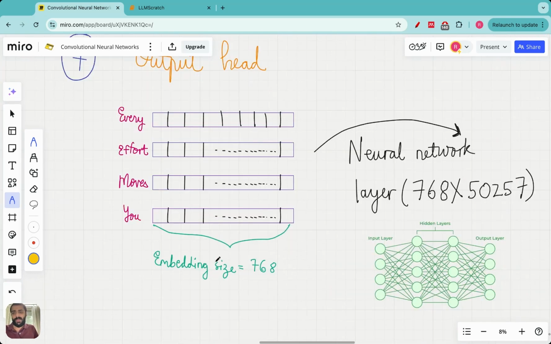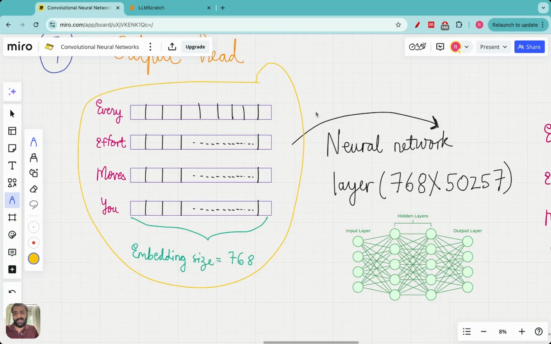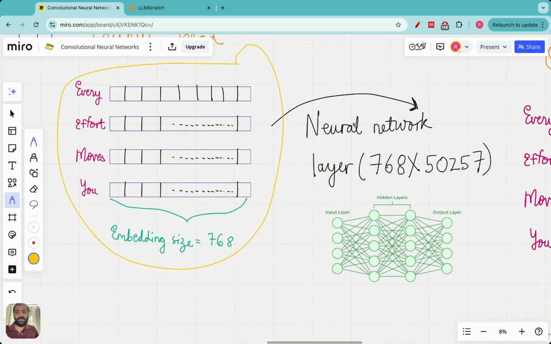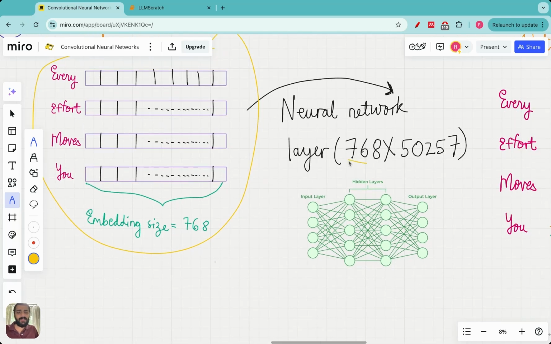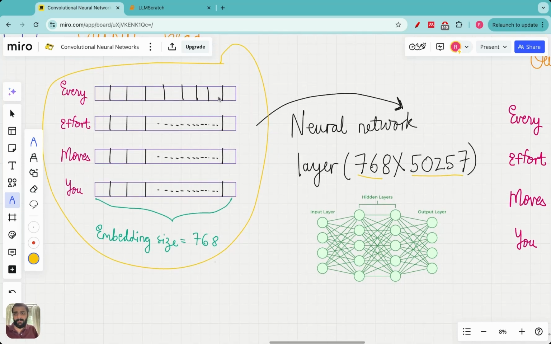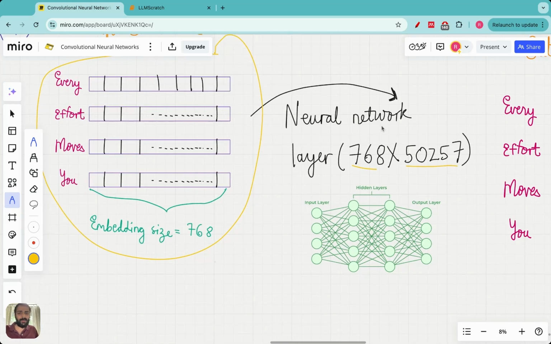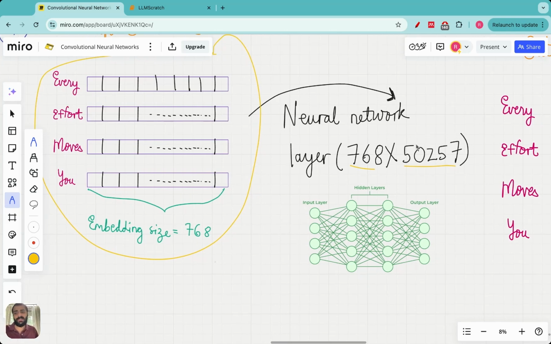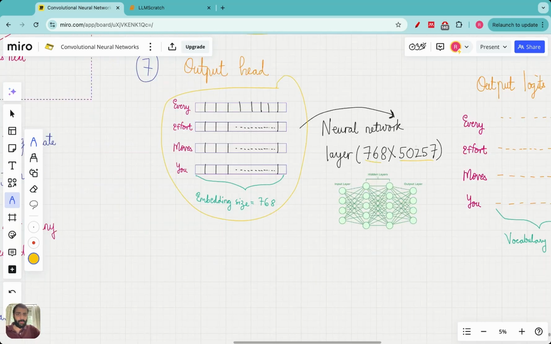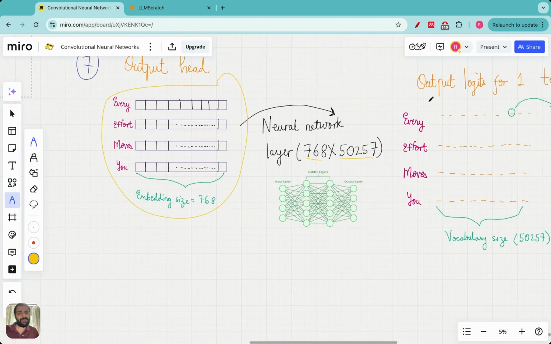So the input to the output head has 4 tokens, and each token has a dimension of 768. Then we pass this through a neural network whose size is the embedding dimension multiplied by the vocabulary dimension. And I'll tell you why in a moment. If you pass this input tensor through the neural network which takes in inputs of 768 dimensions, and the output is 50257, the resultant output which you get is called the logits matrix.